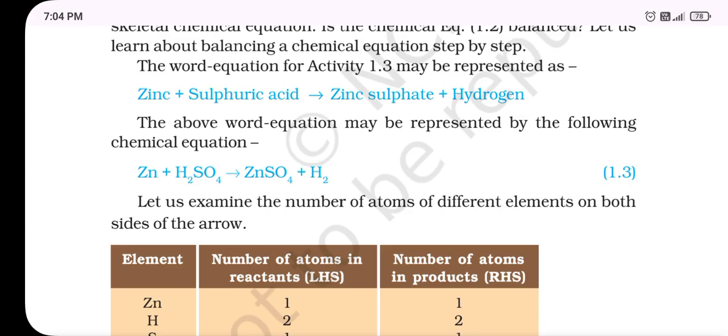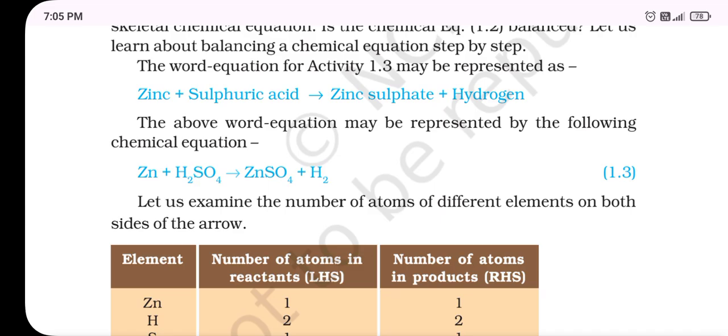And it forms sulfuric acid. So in water, after the zinc addition, zinc displaces the hydrogen from sulfuric acid and forms zinc sulfate plus hydrogen. This happens just because zinc is aggressive and more powerful than hydrogen, so it replaces the hydrogen.